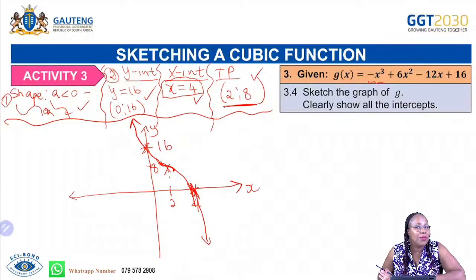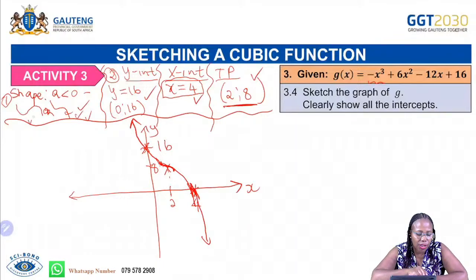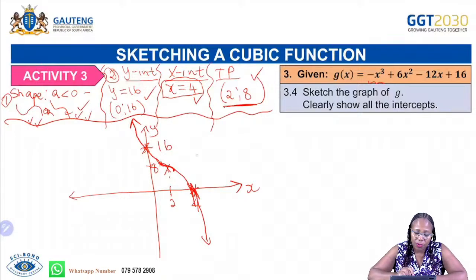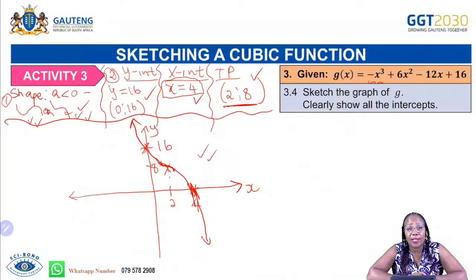No, it can't be a straight line because these calculations are from a cubic equation. Therefore, it must be a cubic polynomial function. Hence, predicting your shape will assist you in sketching the correct graph with only those 3 points, grade 12.